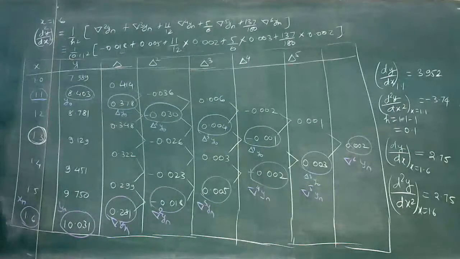So this is for equispaced values of x. So now we will see the derivatives using unequal spaced values of polynomials.